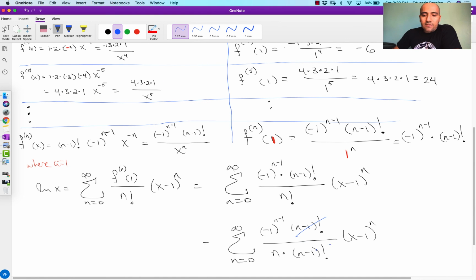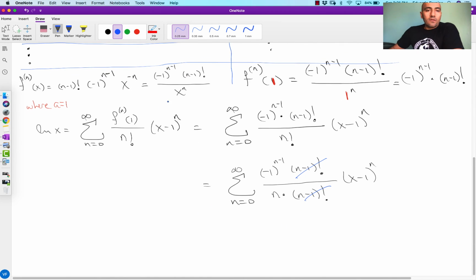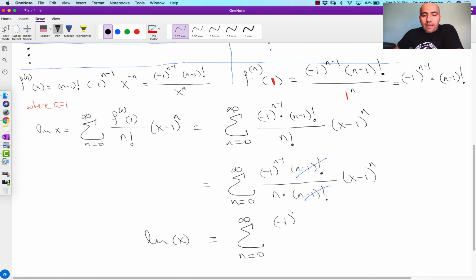So these cancel out, and we're left with just this. And so we have our equation for ln of x. So ln of x is really this as a Taylor series expansion. We're going to have this alternating: negative 1 to the power of n minus 1, divided by n, times x minus 1 to the power of n.